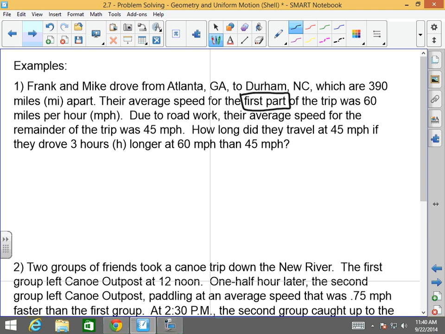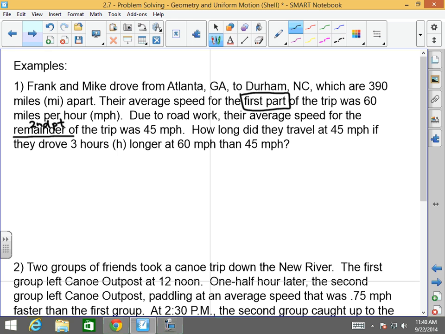Due to road work, their average speed for the remainder, so the remainder would be the second part of the trip, okay? The remainder of the trip was 45 miles per hour. How long did they travel at 45 miles per hour if they drove 3 hours longer at 60 miles per hour than 45 miles per hour?